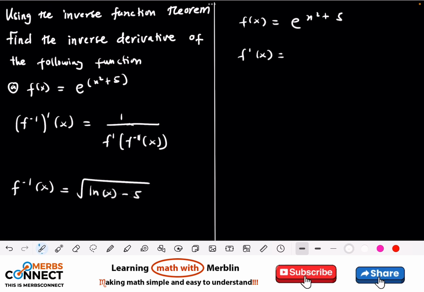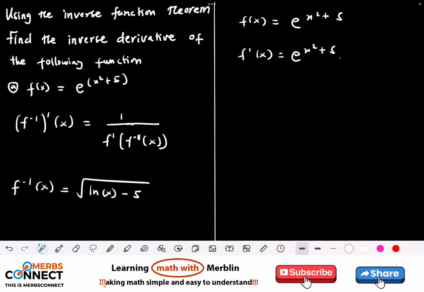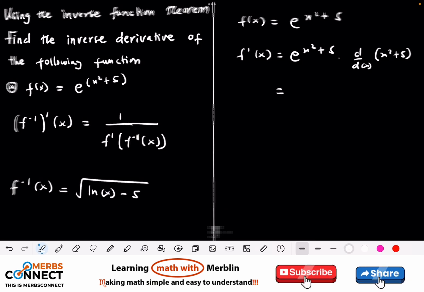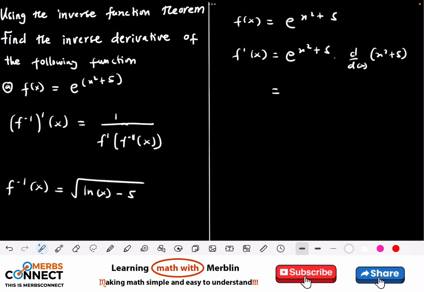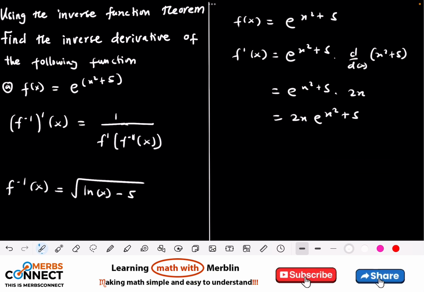For an exponential function, I maintain the function when I want to differentiate, times the derivative of the exponent, times ln of the base. But ln of the base, which is e, is 1. So we are going to have this times 2x, and this will be 2x e to the power x squared plus 5. So this will be the derivative of the function.